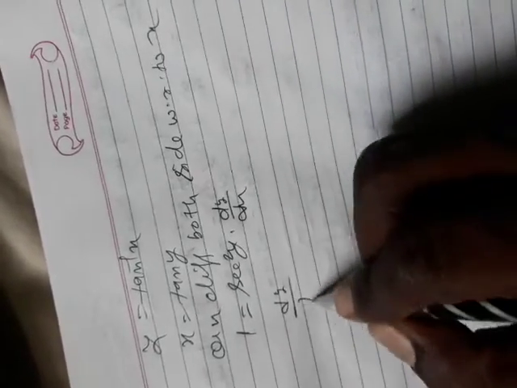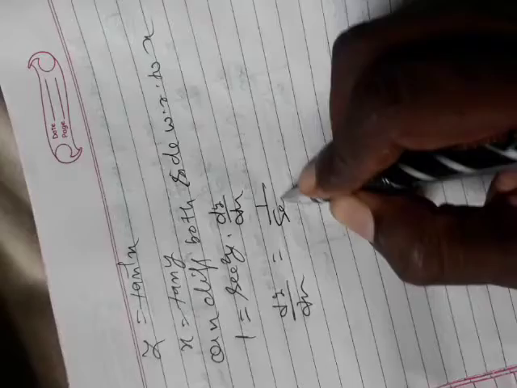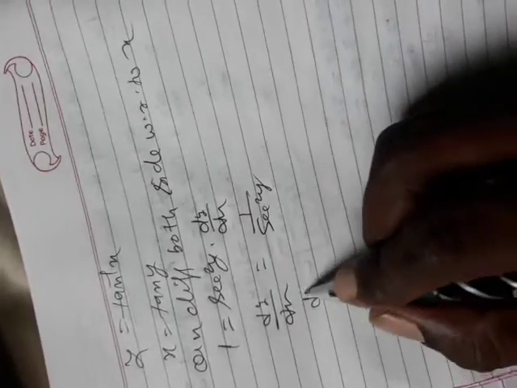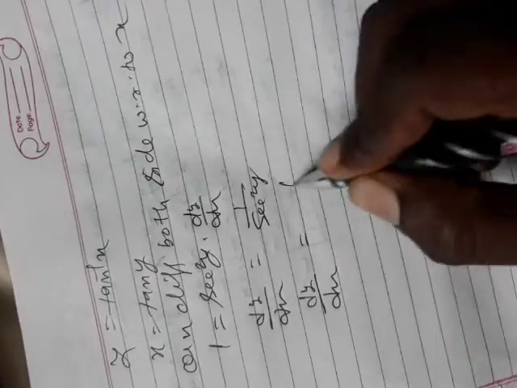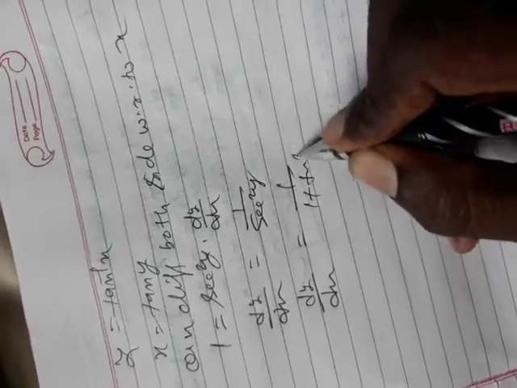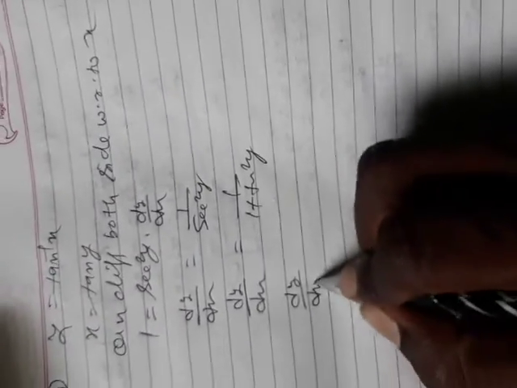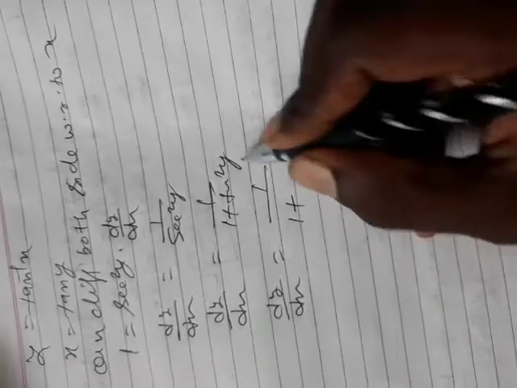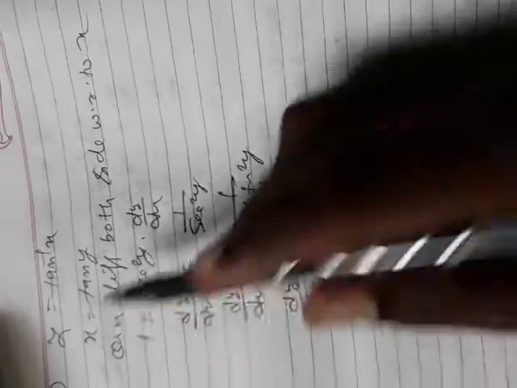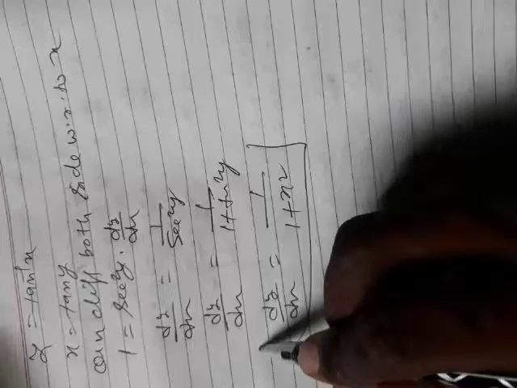So dy by dx is equal to 1 upon sec square y, which is 1 upon 1 plus tan square y. Tan y is equal to x, so we can write x square. dy by dx is equal to 1 upon 1 plus x square.